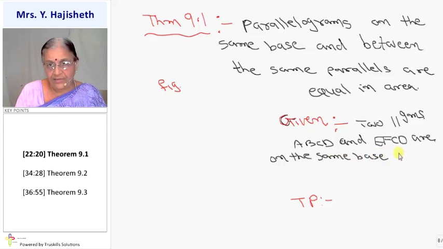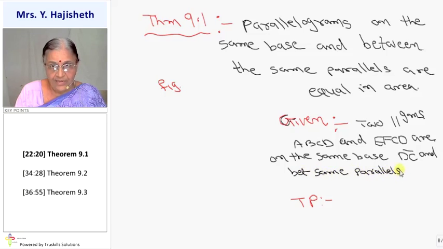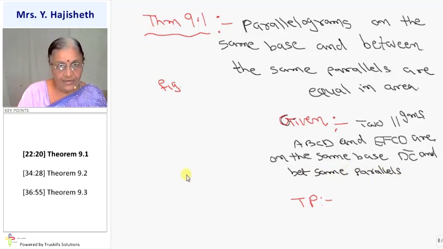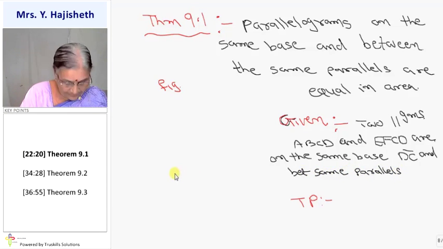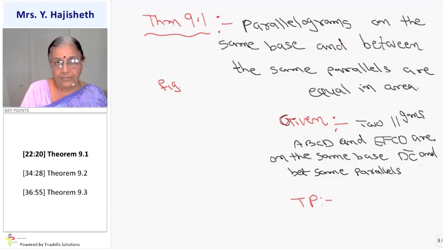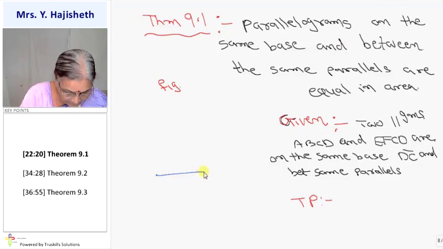कॉमन क्या है उसमें? DC and between the same parallels. कौन से दो पैरेलल्स आएंगे? फिगर में देखो. पहले हम इधर फिगर बनाते हैं. ओके? एक हमने पैरेललोग्राम बनाया. ओके?